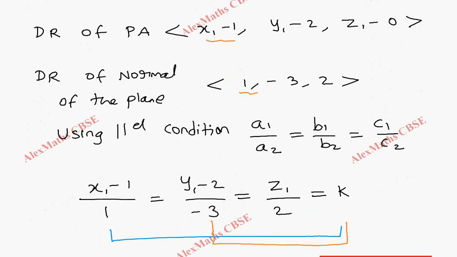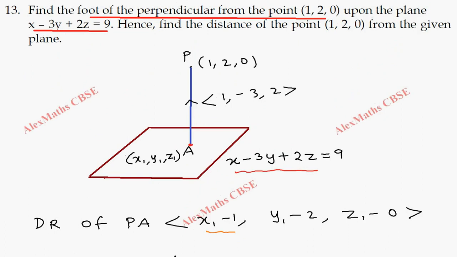Now there is another part of the question where they are asking to find the distance of the point from the given plane. So they want the distance between these two.